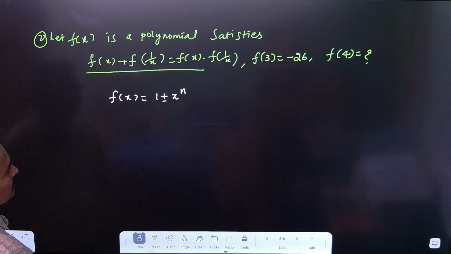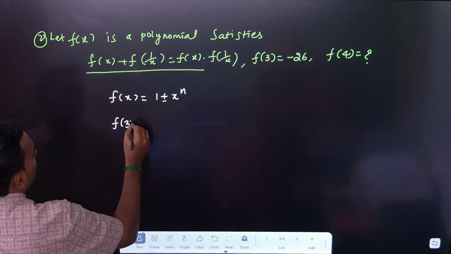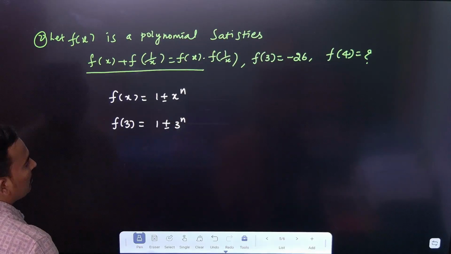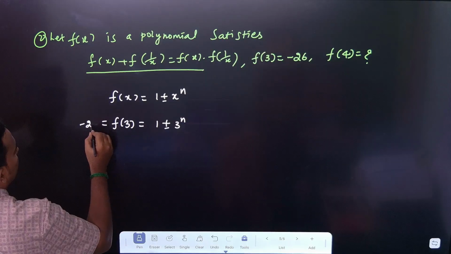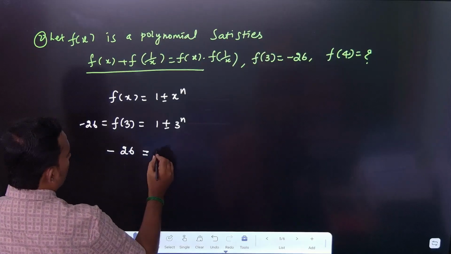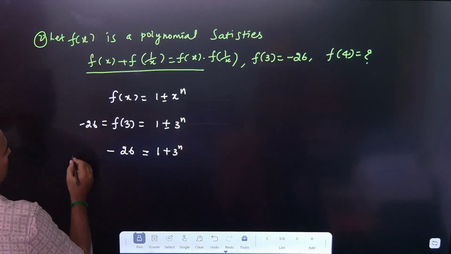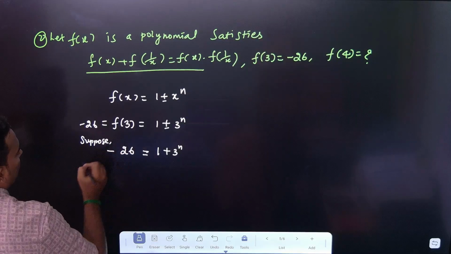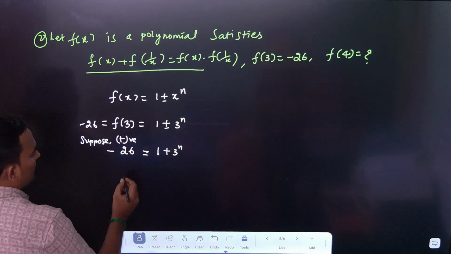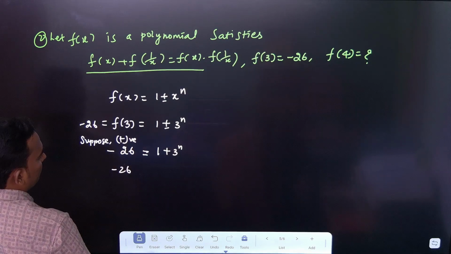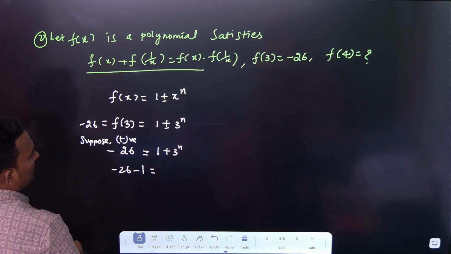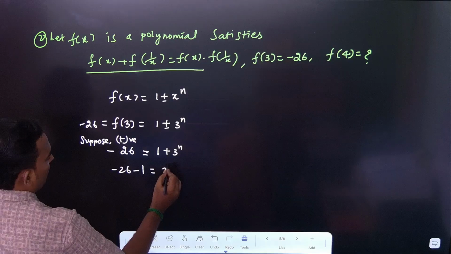Okay, but the initial condition is given to you. f of 3 is equal to 1 plus or minus 3 power n. What is f of 3? Minus 26 is given to you. Suppose I take positive: minus 26 equal to 1 plus 3 power n. So minus 26 minus 1 is equal to 3 power n, right?